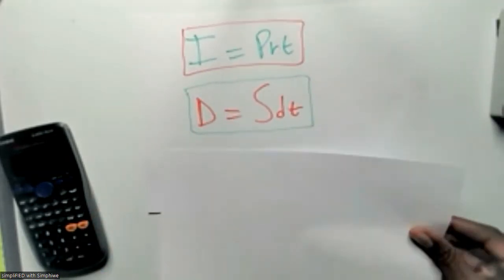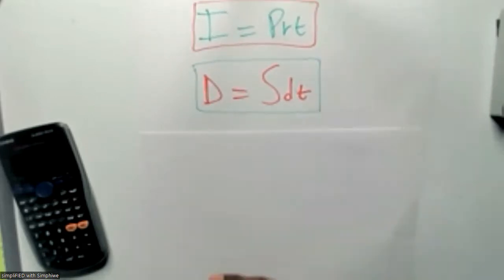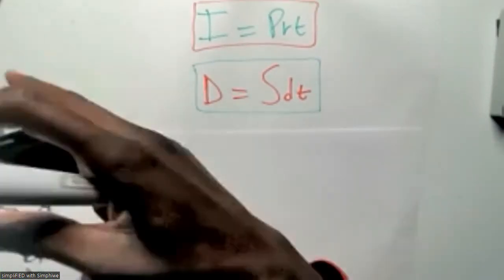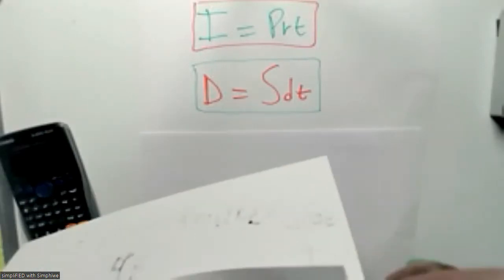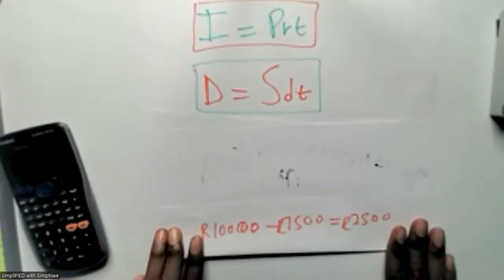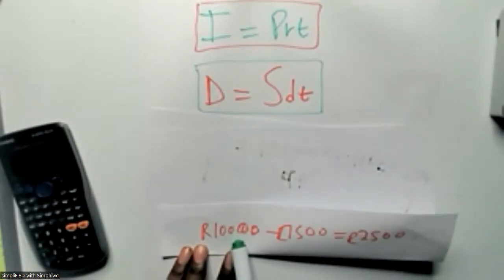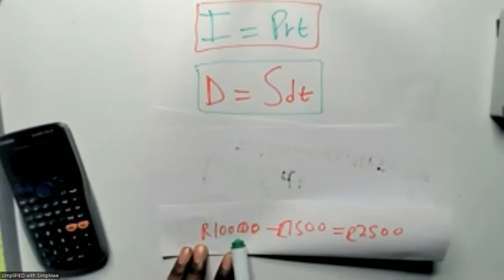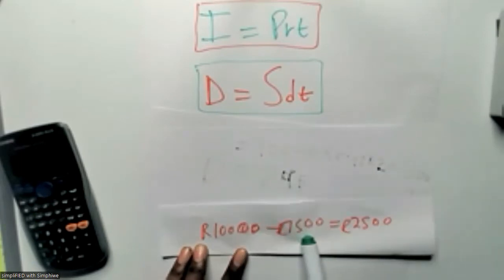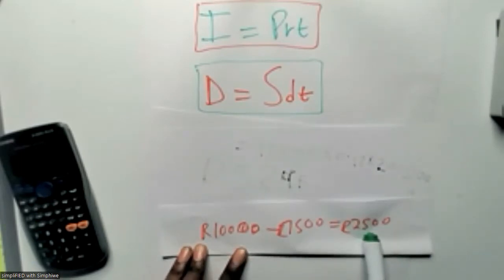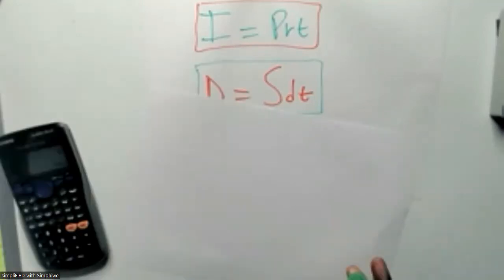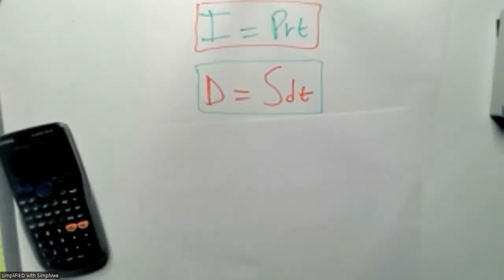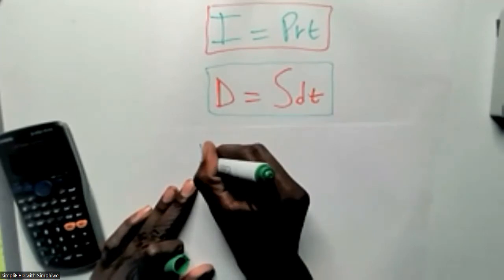I want us to come up with a formula for our discount rate. In this case where I borrowed 10,000 and the interest was 7.5 and then I received 2.5 now, meaning with discount we're focusing on the present value.